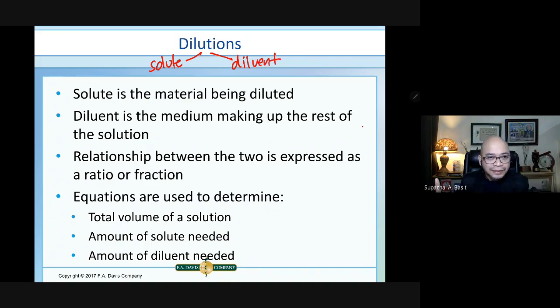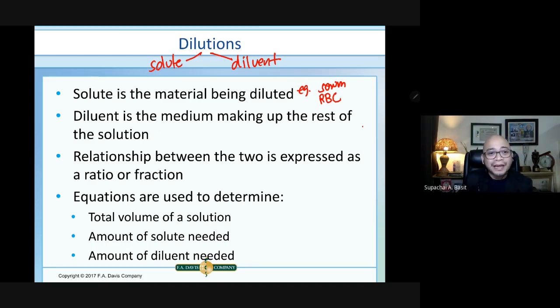The solute is the material being diluted. So in serology, most of the time, we are referring to serum. Whenever we talk about dilute solute, we talk about, for example, serum in serology. Aside from that, it could be RBC. RBC can also be the solute.